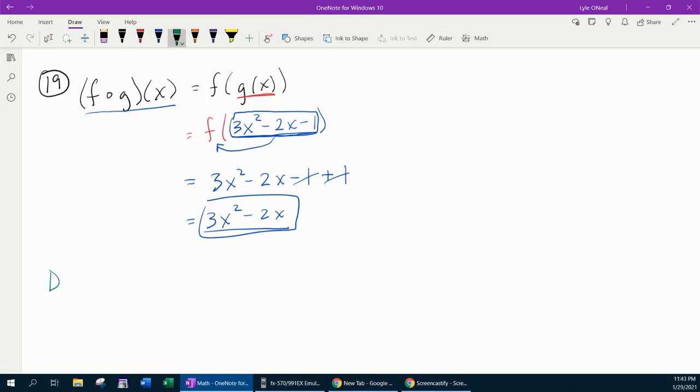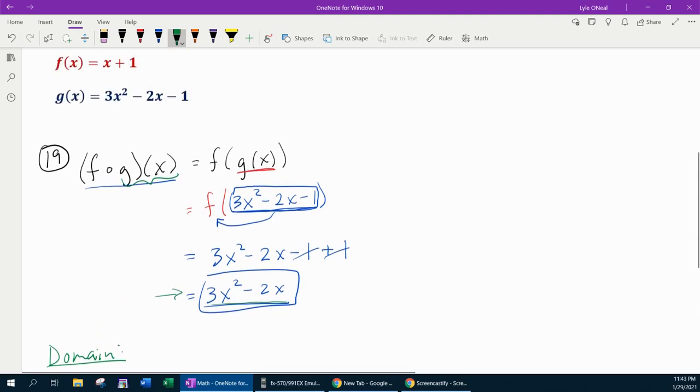So in order to find the domain, we're going to ask ourselves, was there any restriction on g of x? And then is there any restriction on the composition? So g of x was a quadratic which has no restrictions. Polynomial functions have a domain of all real numbers.